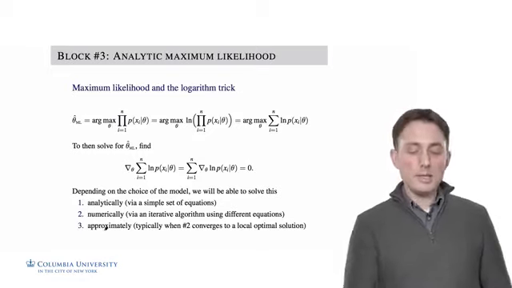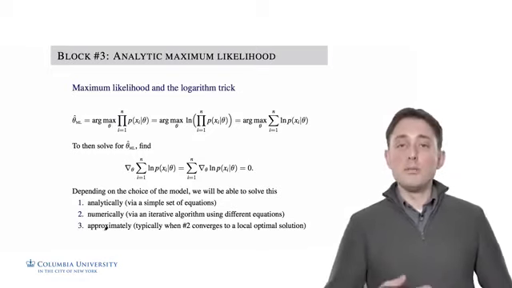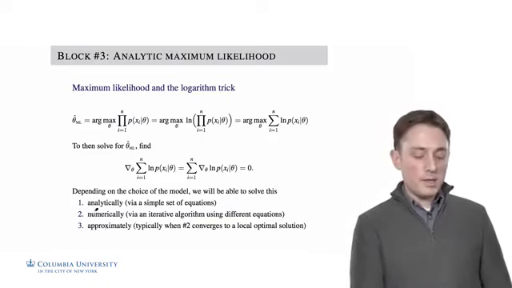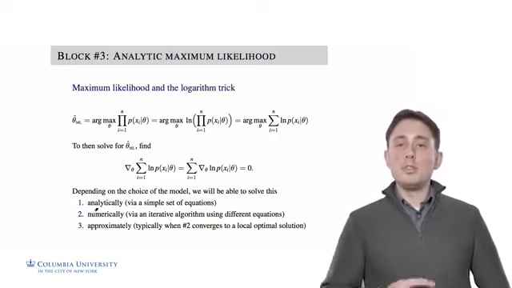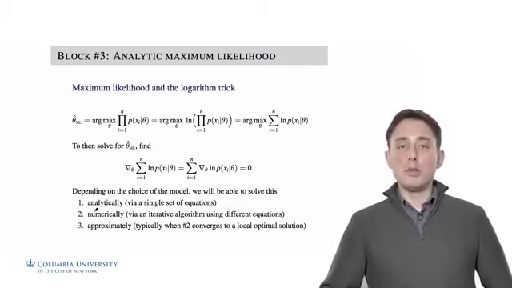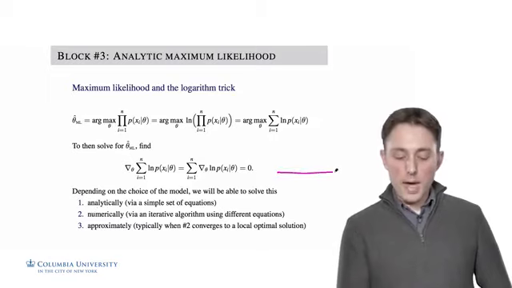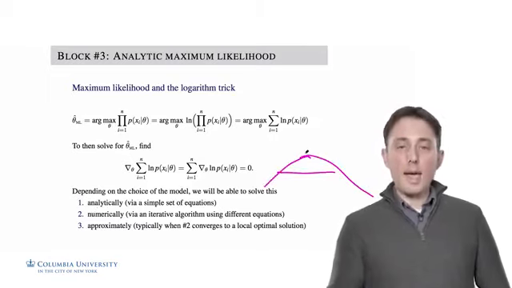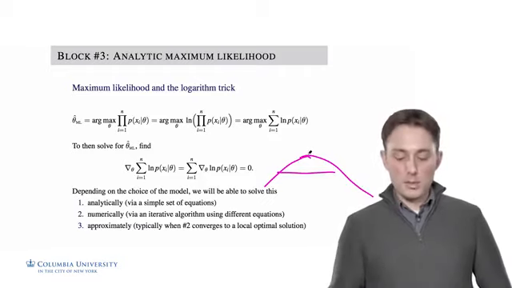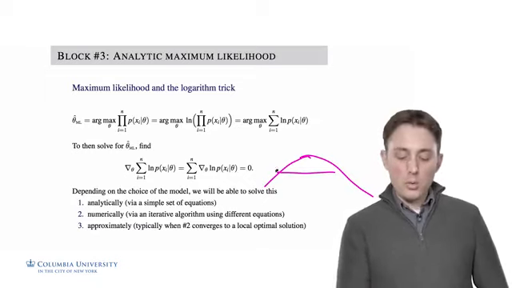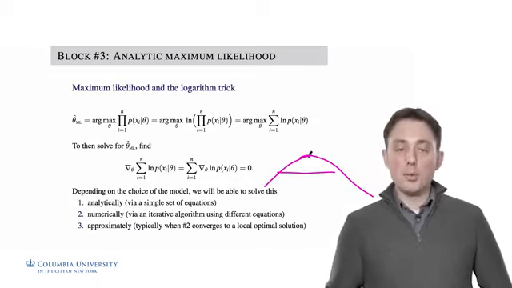So really, 3 is not introducing any new modeling techniques per se, but it's understanding what exactly these numerical algorithms defined by 2 are going to converge to. So if we have a simple objective like this with one maximum, where the local maximum and the global maximum are all the same, we can say that we're converging to the optimal point.